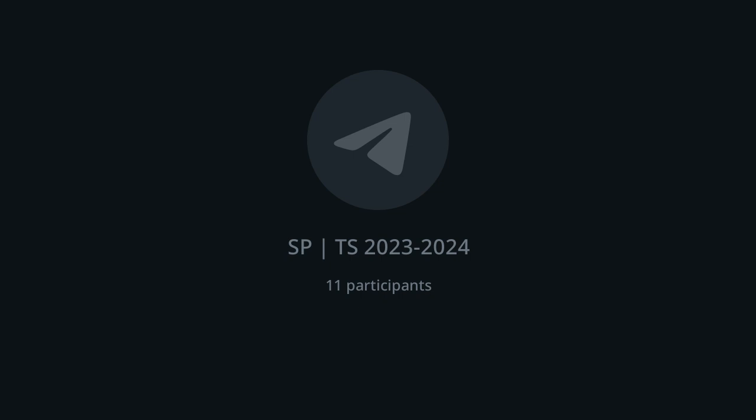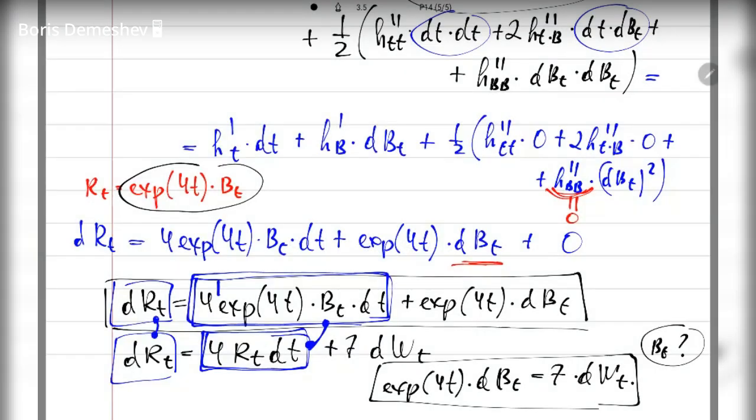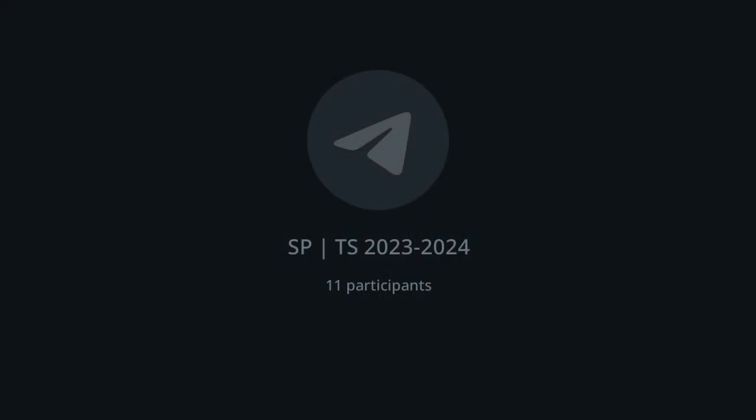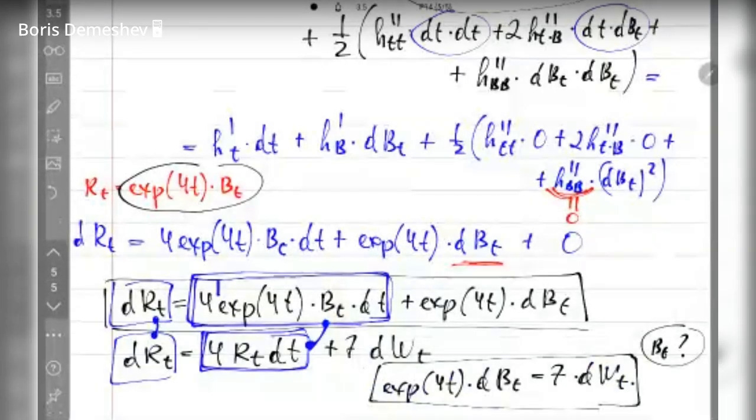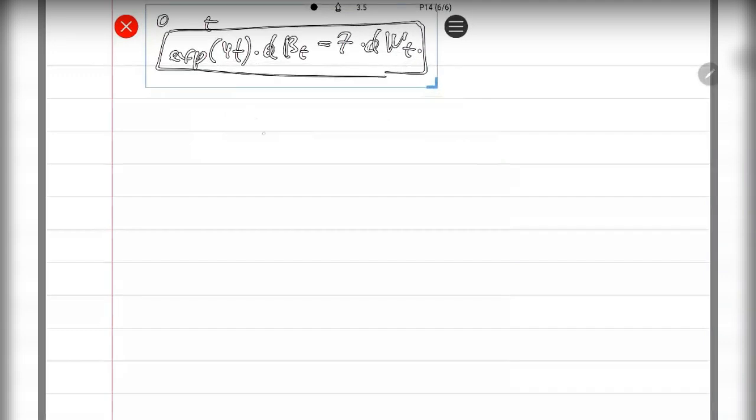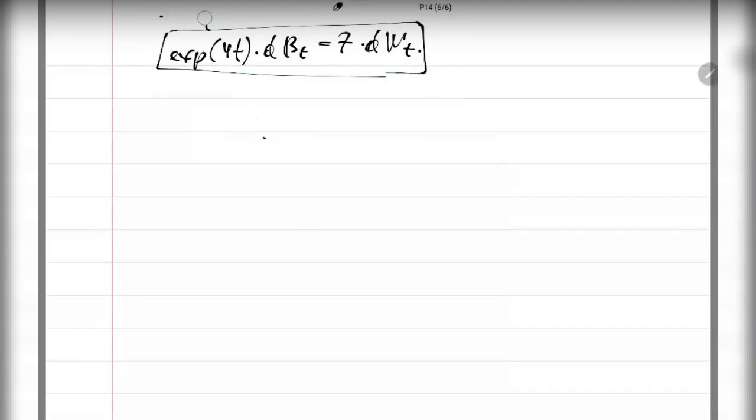Let's copy this equation in shorthand notation, and we will recover its full form in a moment. So dBt is equal to 7 exponent of minus 4t times dWt.